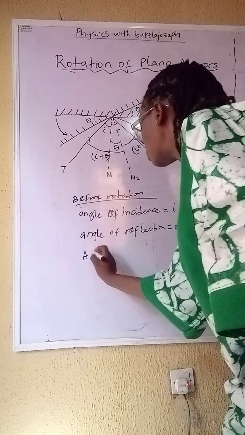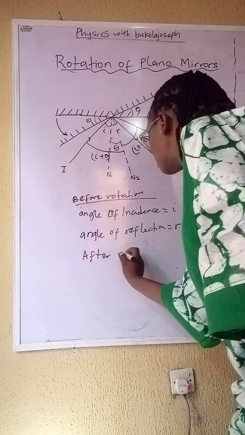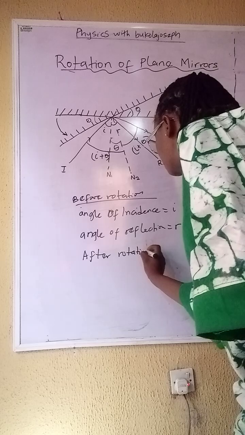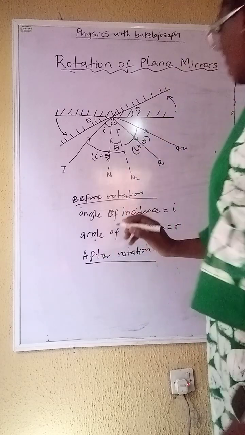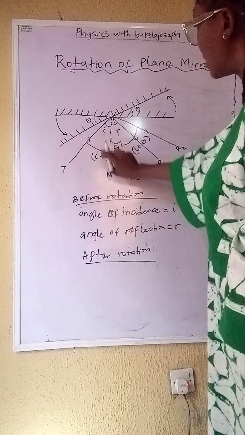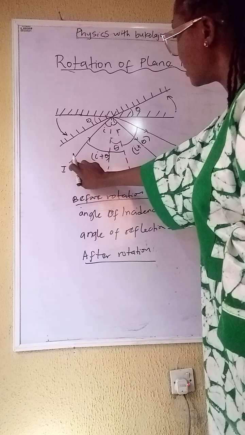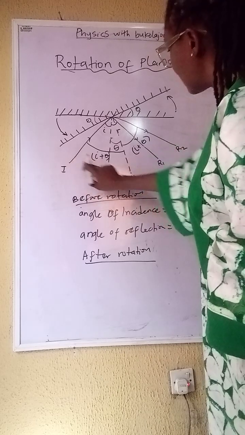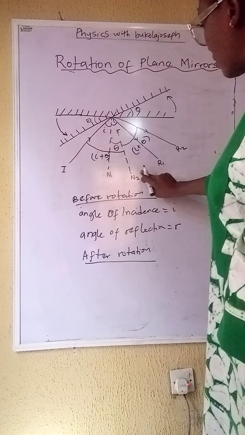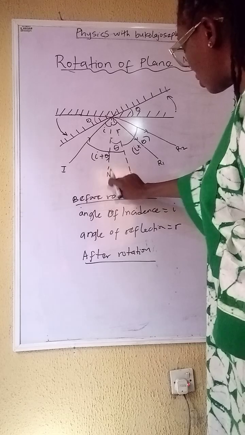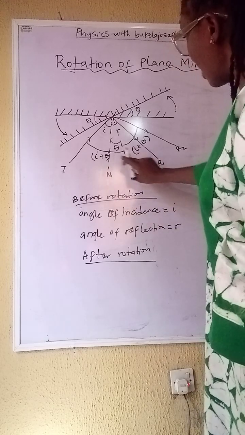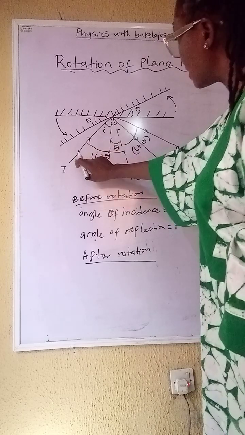This is for before rotation. After rotation, we have the angle between the incident ray and normal 2, which is where the normal was after rotation.